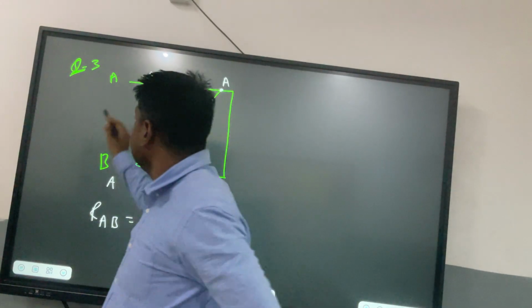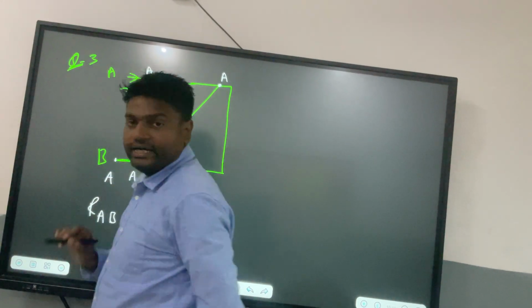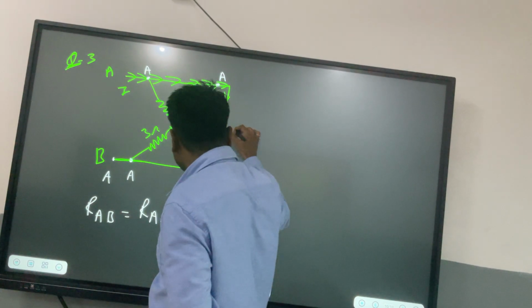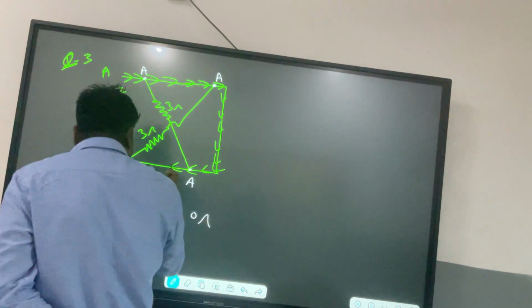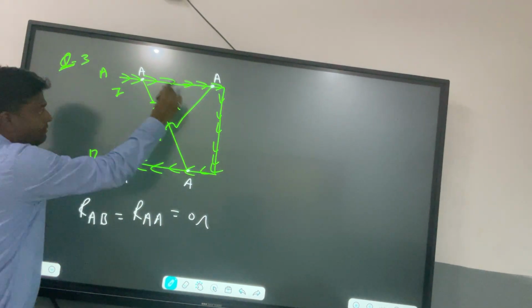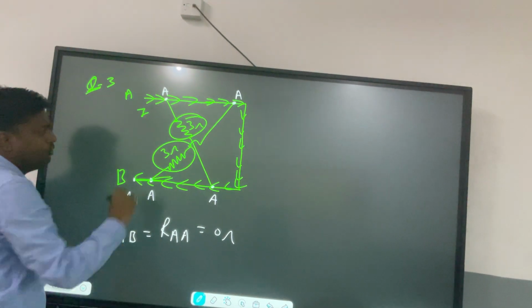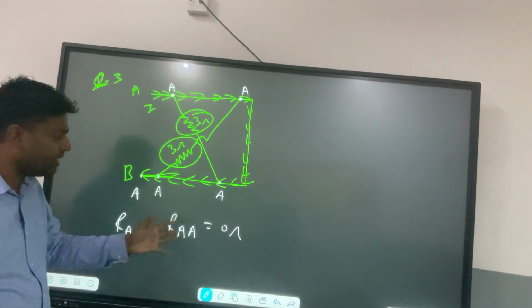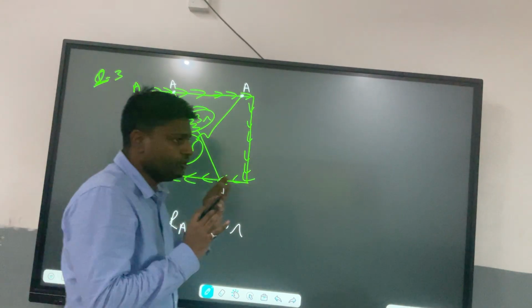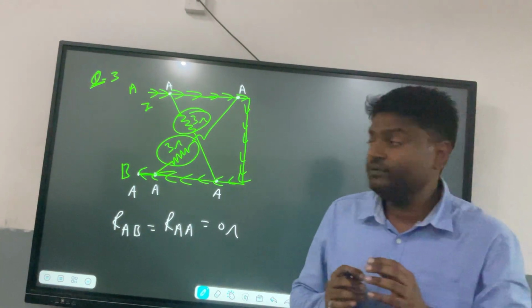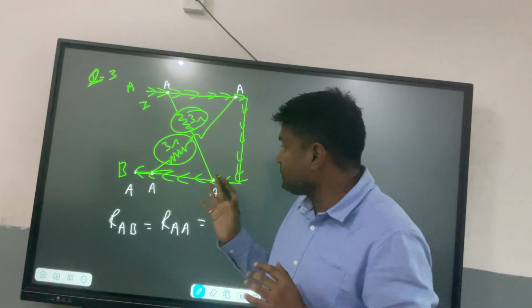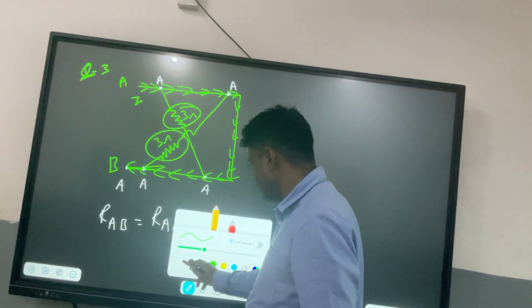That means if a current is I, then this current directly follows that short circuit path. That means there is no current flowing in this 3 ohm and 3 ohm. Complete current will follow this short circuit path. So the answer should be what? 0.